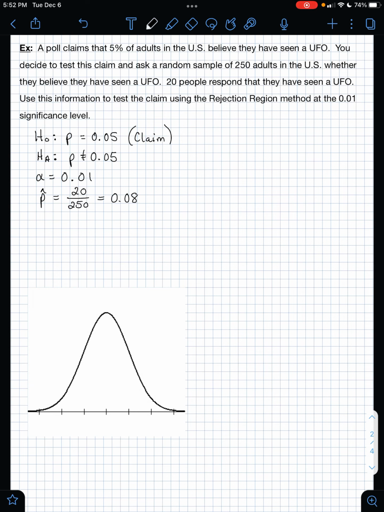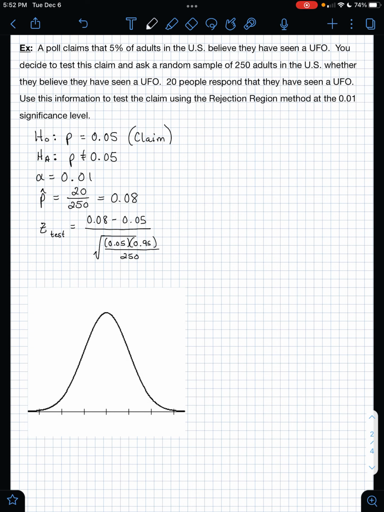So from here we go on and we find our test statistic. Our test statistic then is going to be the 0.08 that we found minus the 0.05 that was claimed over the square root of, well, the 0.05 is what was claimed, and therefore Q is 0.95, over the sample size of 250.